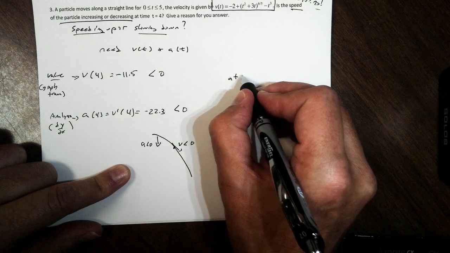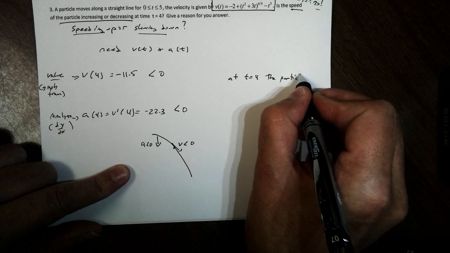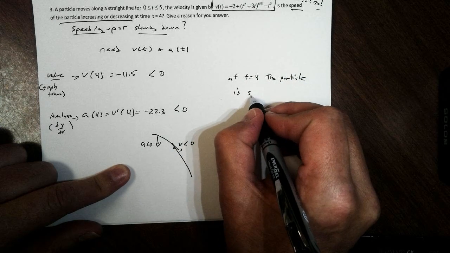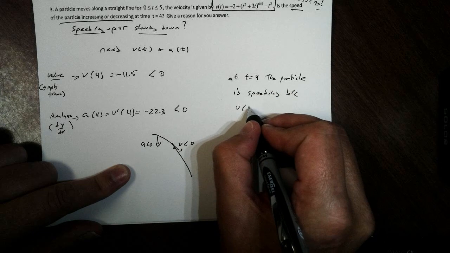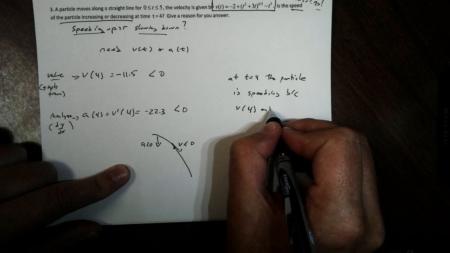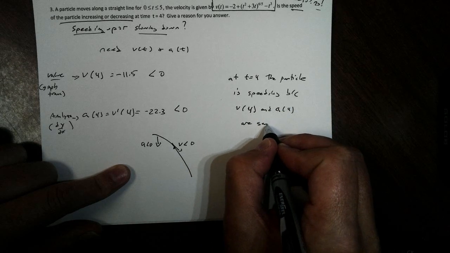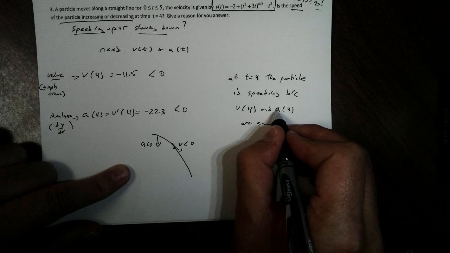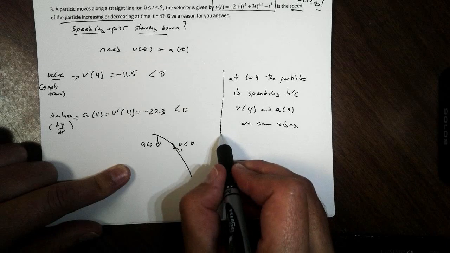So we would say at t equals 4, the particle is speeding up. And that is because the velocity at 4 and the acceleration at 4 are the same signs. And that's all we need to put for our answer right here.